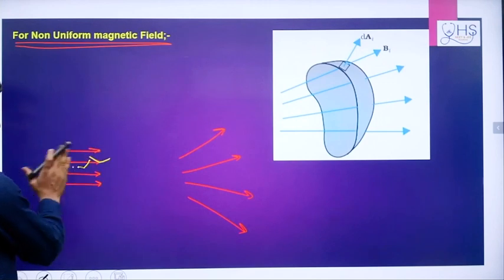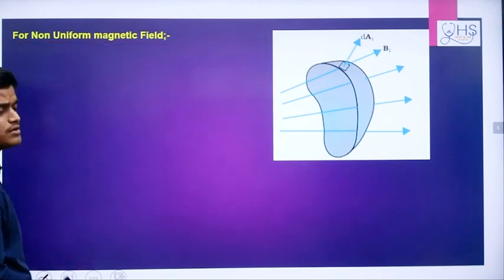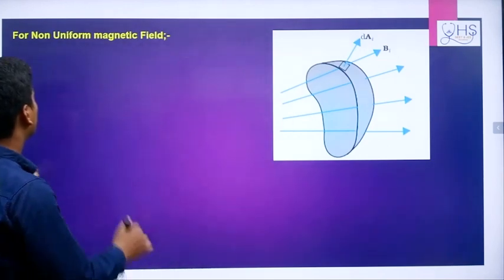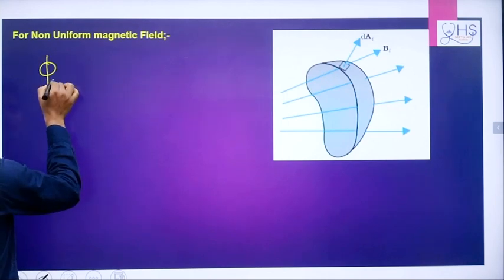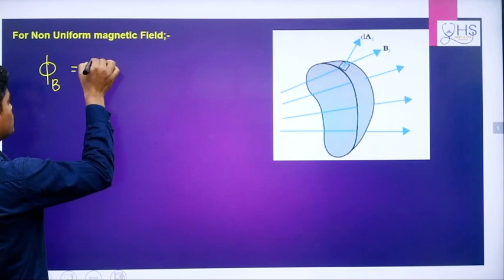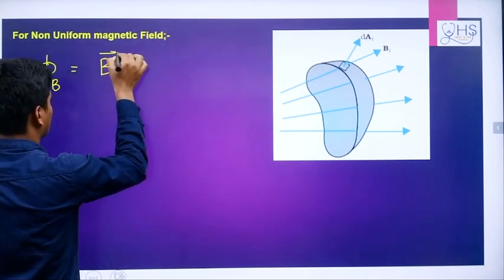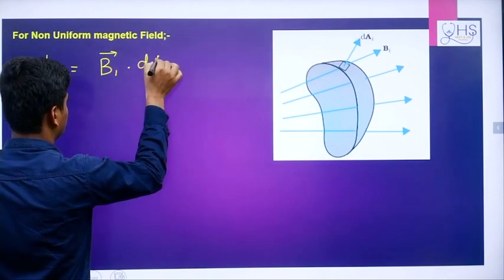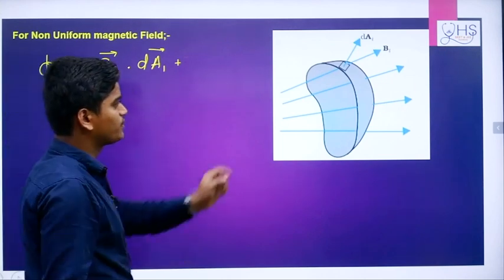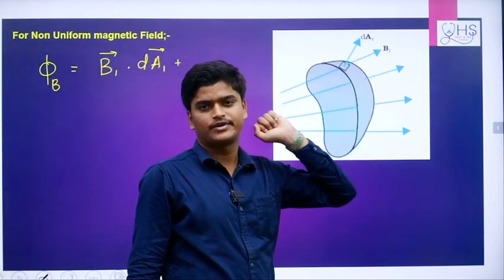Okay. Now let's say next. For a uniform magnetic field, you can use B dot A. But for a non-uniform magnetic field, what can you use? Now, for a non-uniform magnetic field, you want to find the magnetic flux through the surface. What do you need to do? You need to take B1 dot dA1 vector. So you have to check each small surface, and at that small surface, what is the magnetic field?